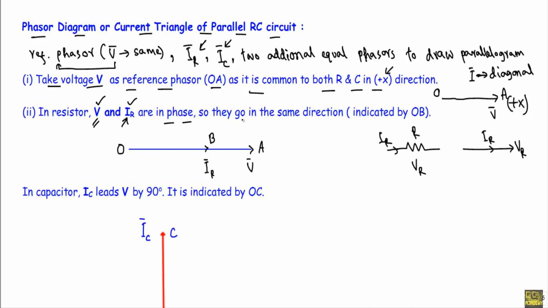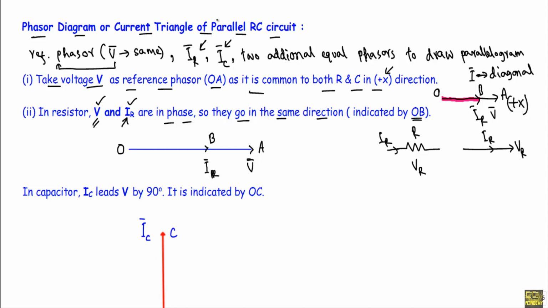That means V and IR will go in the same direction, and we will indicate that with OB. See, this is OA, let's say. This is OB, and this will indicate the current phasor IR, or the current through the resistor. If you look at the neat sketch up to this, you will see this OA will indicate the voltage phasor V and this OB will indicate the current phasor IR.